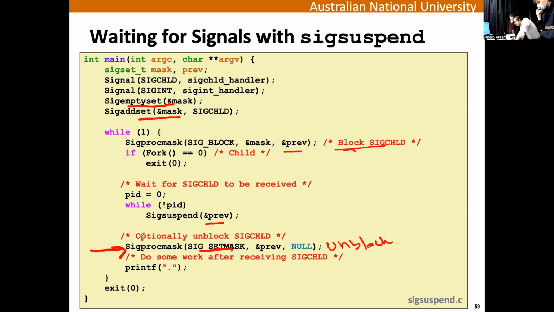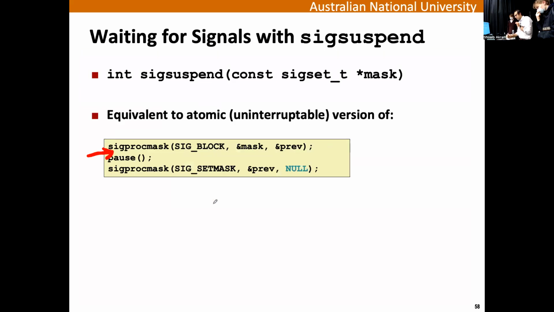So this unblocks it and calls pause atomically. So this will be unblocked in our case. That's unblocking it so that pause will actually work, right? So unblock and pause is atomic. So this unblock.